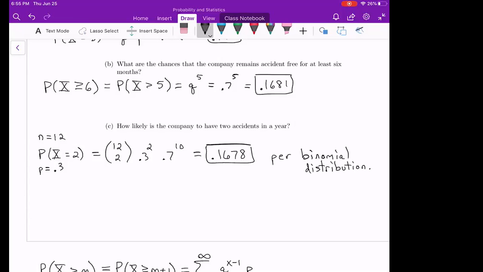So it doesn't have to occur at the end of the year. It could have been January and February, and then the next 10 months they were accident free. In order for it to be a negative binomial, it has to occur at the end of the year. Oh yeah, okay.